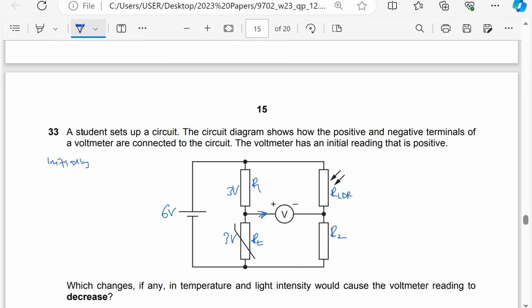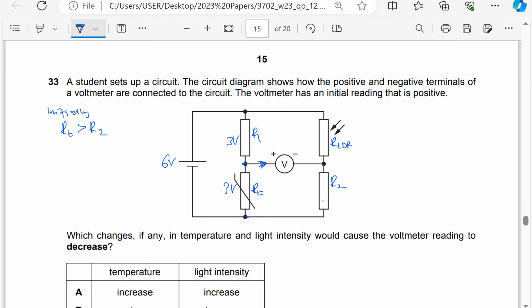Initially, because current is flowing in this direction, it means the potential here is greater than the potential on the other side, which means the PD across the thermistor, the PD across RT, is greater than the PD across R2. So initially, RT, that is for the thermistor, is greater than R2.